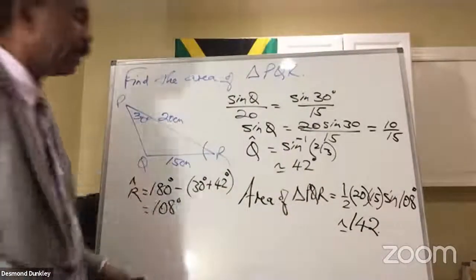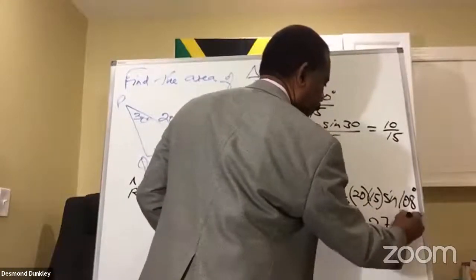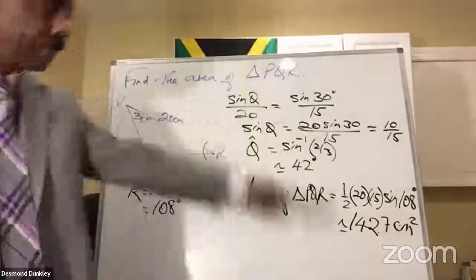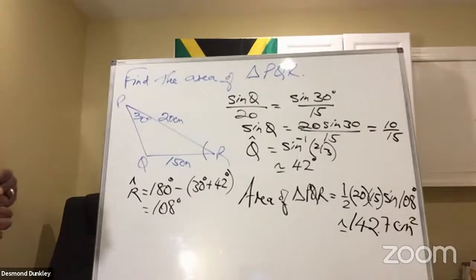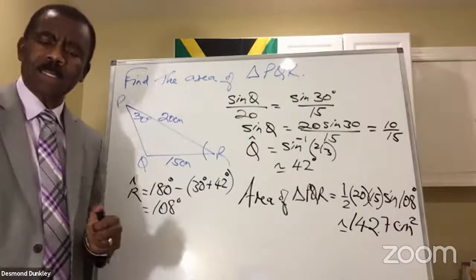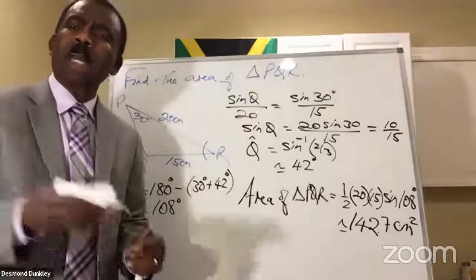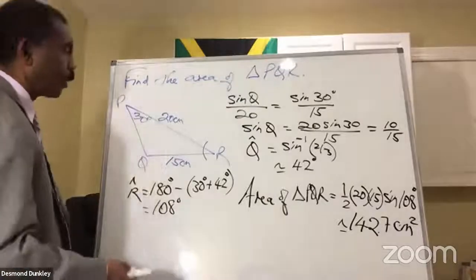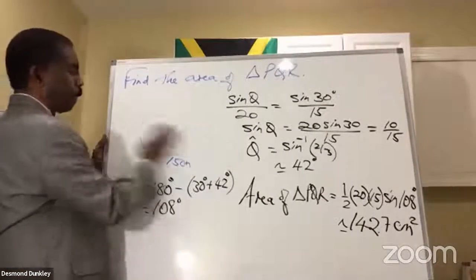I'm reading with centimeters, so it's 142.7 centimeters squared, since it's area. Okay, so that's how we do that. And of course, just to recap Heron's formula, which was the highlight of today, I'll do a quick question using Heron's formula, and here we go.